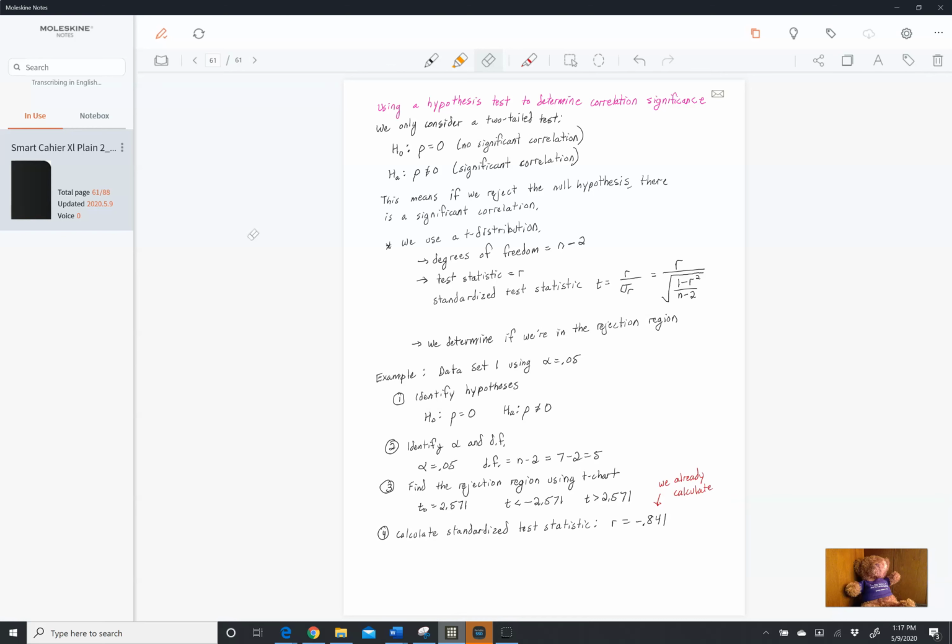It's possible that on the test, it might give you an R. It might say we have a data set for which the correlation coefficient is negative 0.92. So we already calculated this, we don't have to calculate it again. And then the next thing would be to make a decision.